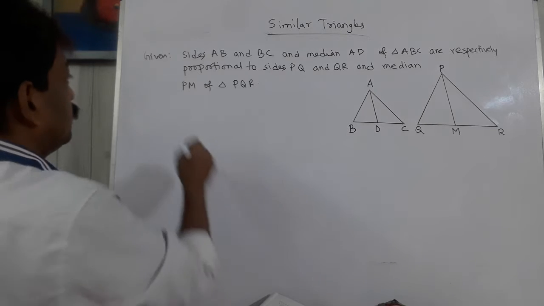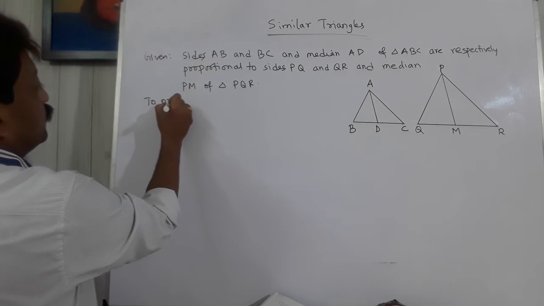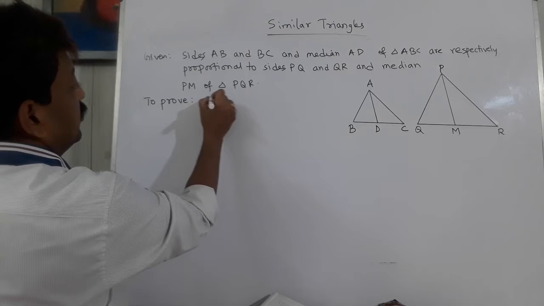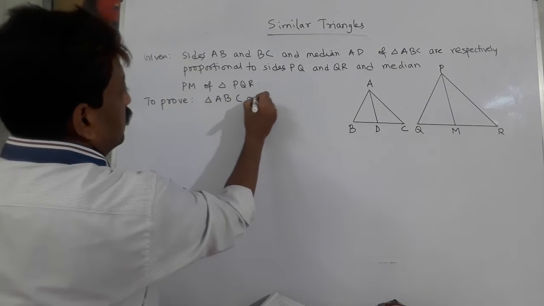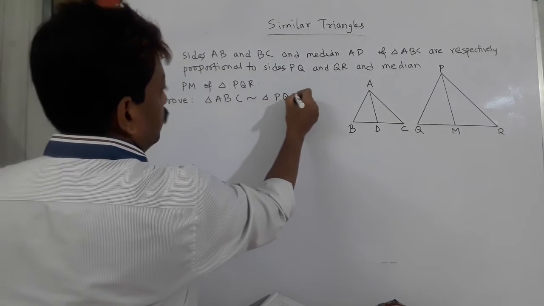This is the question. What we have to prove? To prove: triangle ABC is similar to triangle PQR.